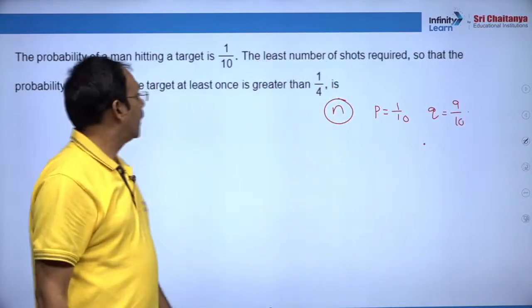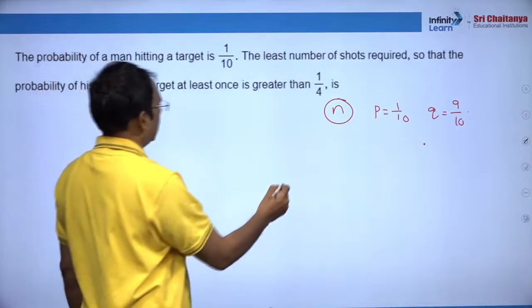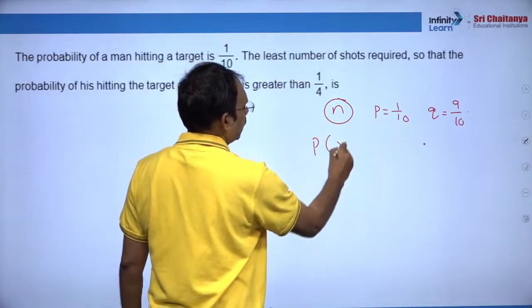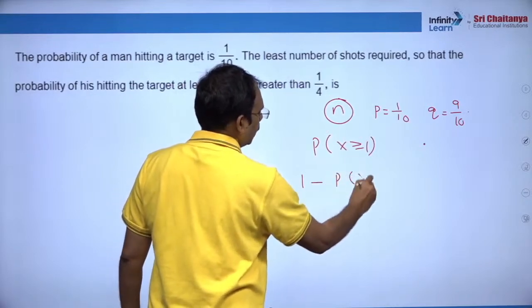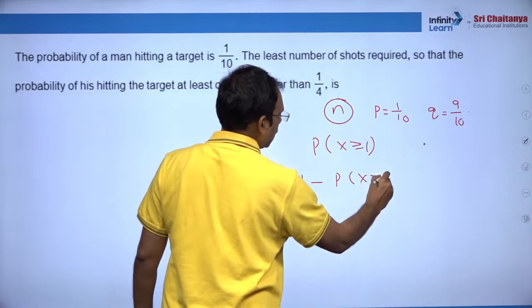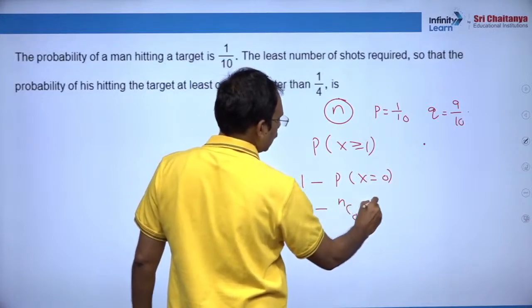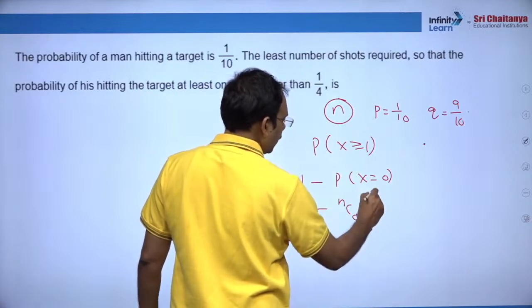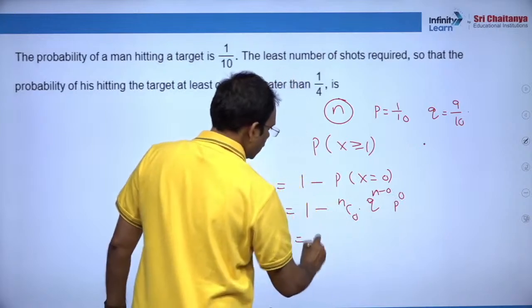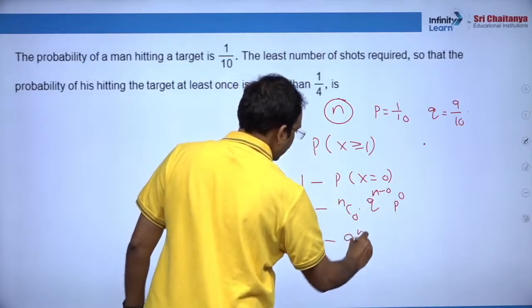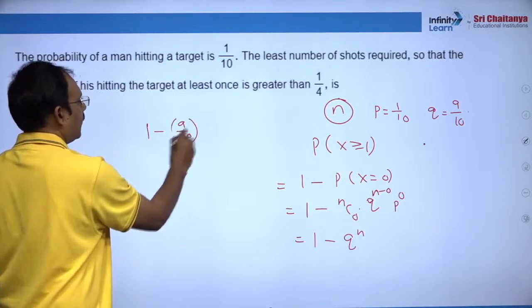Now, he has to get at least one success. Probability of x greater than or equal to 1 you can write as 1 minus probability of x equal to 0, which is 1 minus nC0 into q to the power of n minus 0 into p to the power of 0, which is 1 minus q to the power of n. That means 1 minus (9 by 10) whole power n.